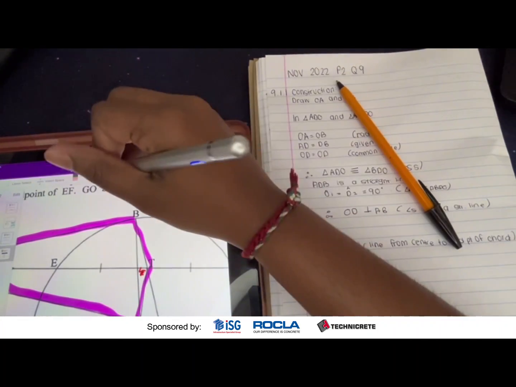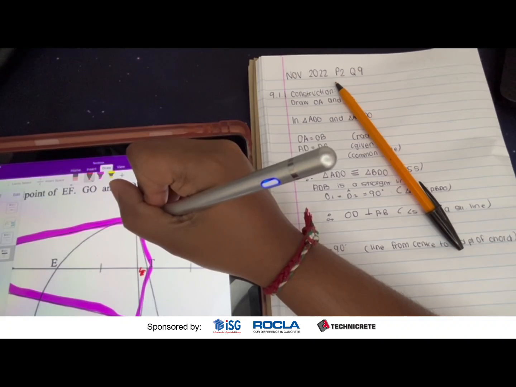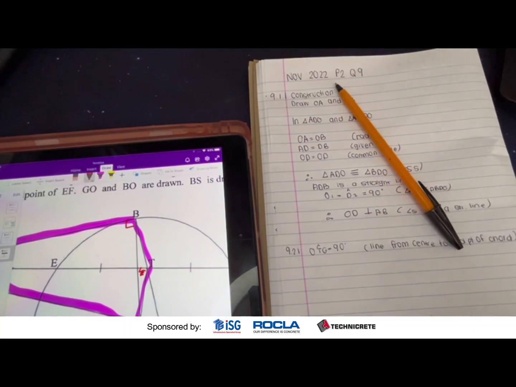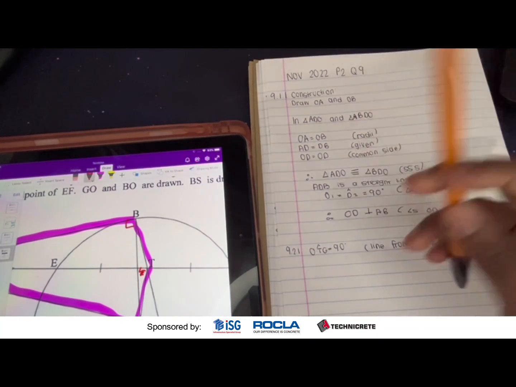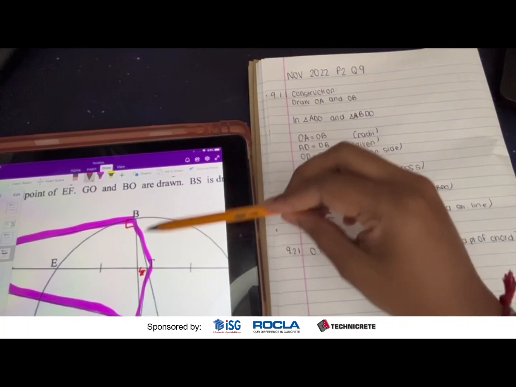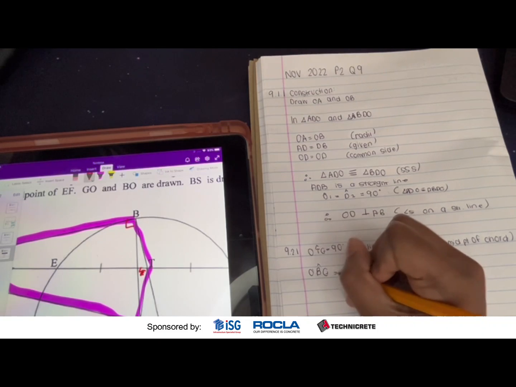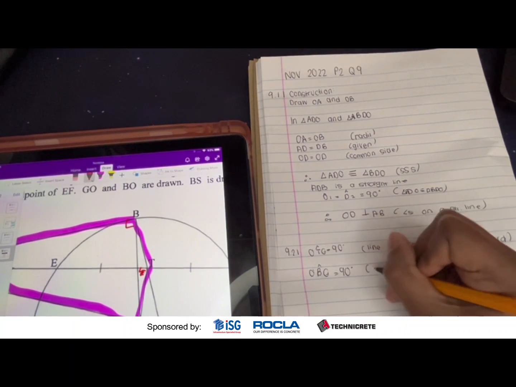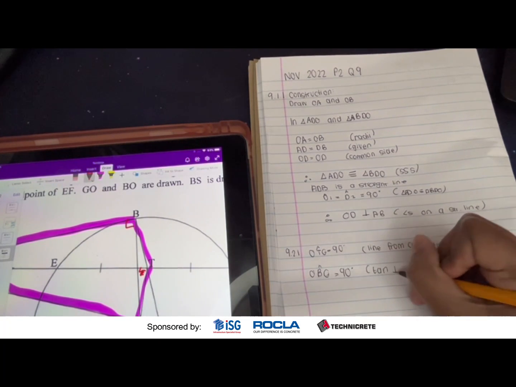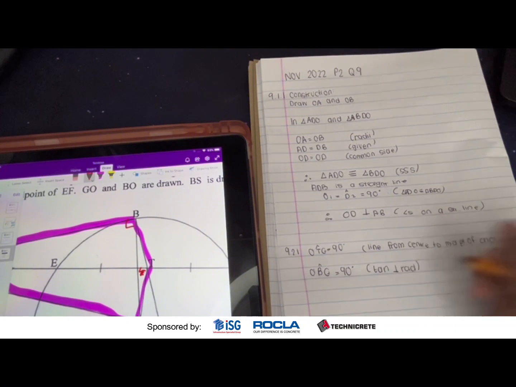Here's my radius. So this angle here is also equal to 90 because tangent is perpendicular to the radius. Okay, so that angle OBJ is equal to 90 degrees, tangent perpendicular to radius.